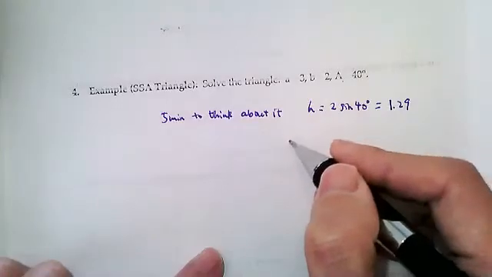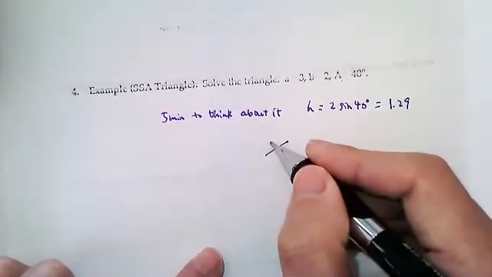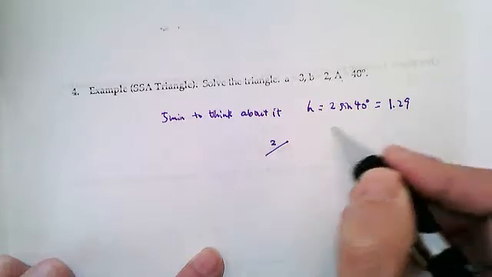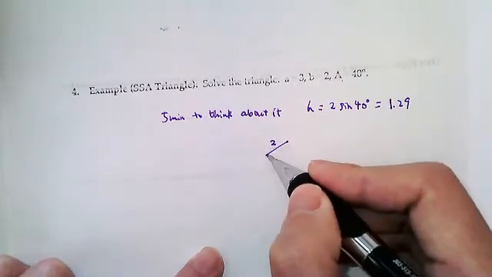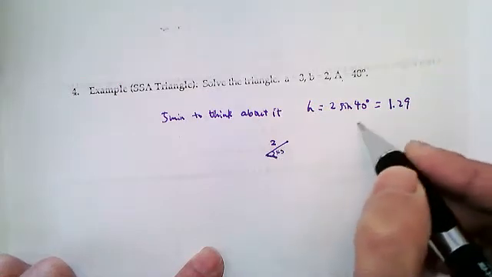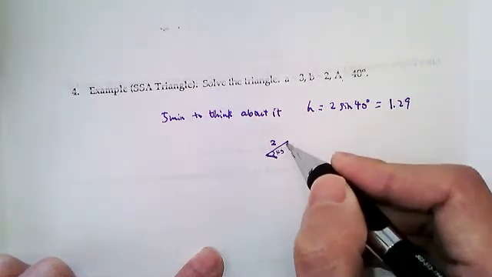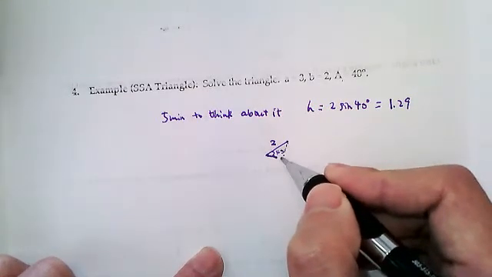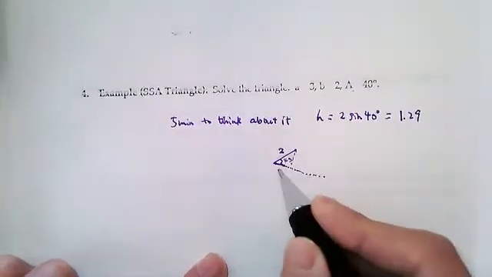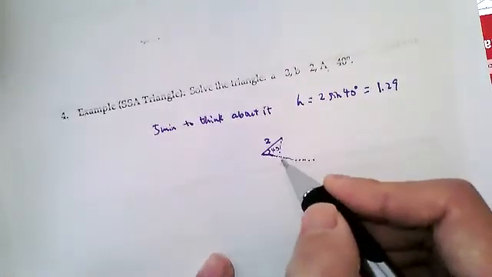So let's draw the triangle. B is 2. This is the corresponding angle A, 40. And the height is 1.29. So this is the side where you can choose.